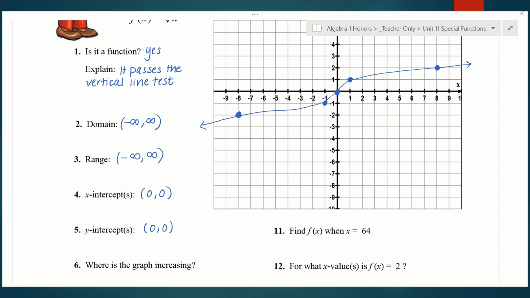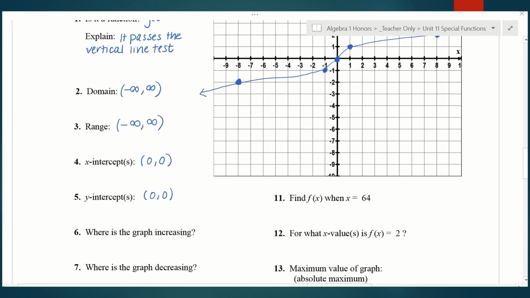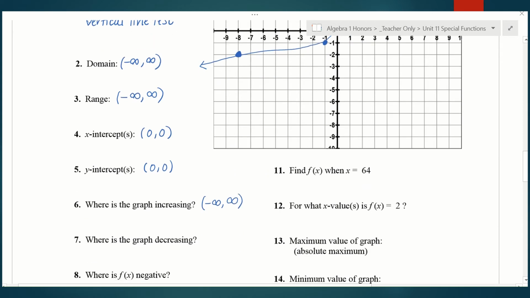So if I'm looking left to right and I'm looking at how it's changing, you should see that as you're going left to right, your graph is always increasing. It's always going up a little by little. And so where is it increasing? It's increasing everywhere, from negative infinity to positive infinity, which means it's never decreasing.